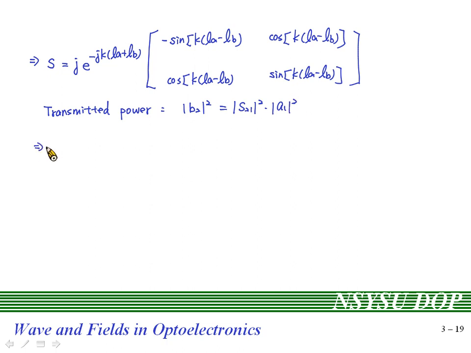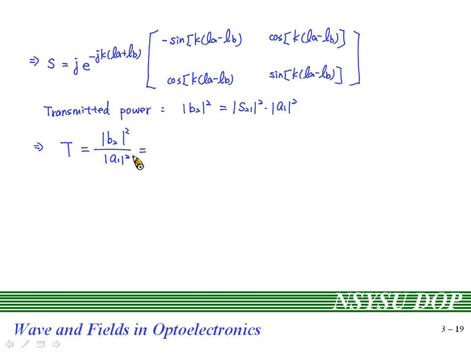Then the transmission is defined as the square of B2 over the square of A1.